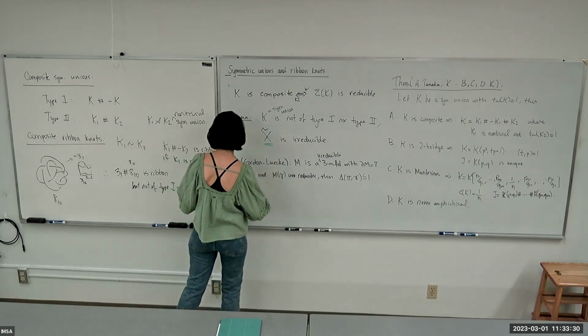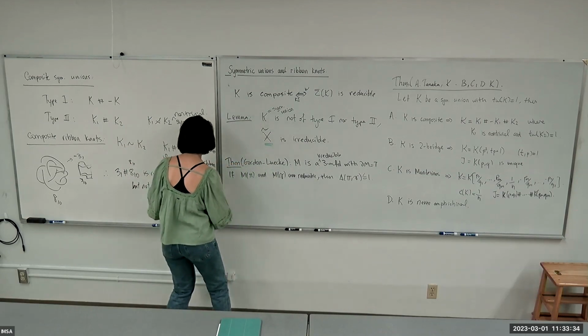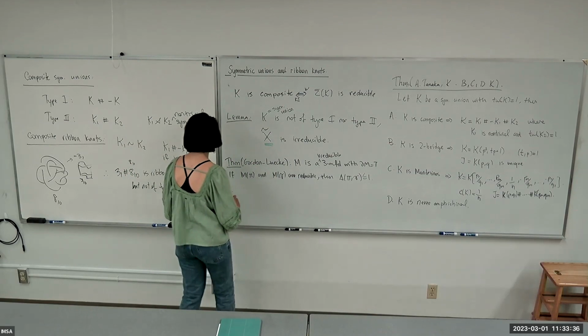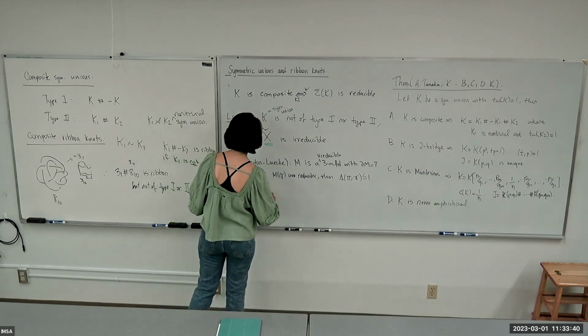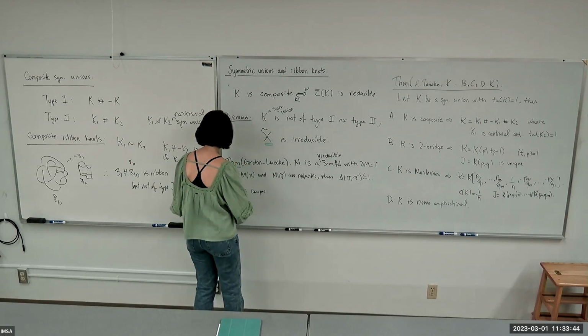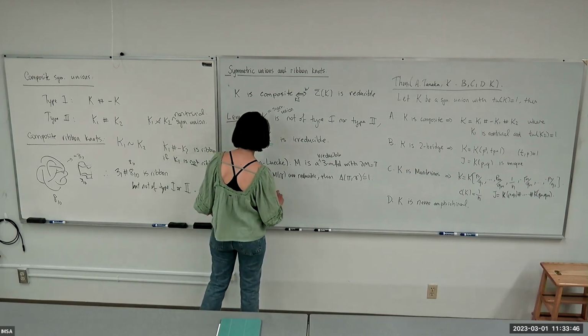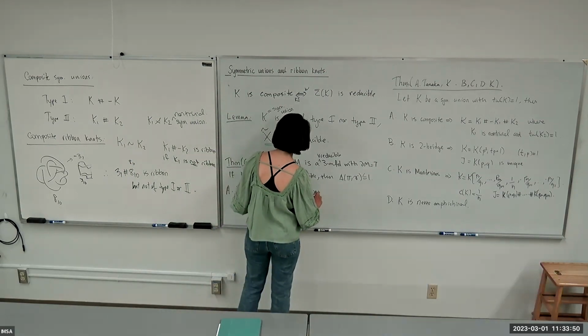So, a sketch of the proof for part A. If K is composite, then the double branch cover is reducible.